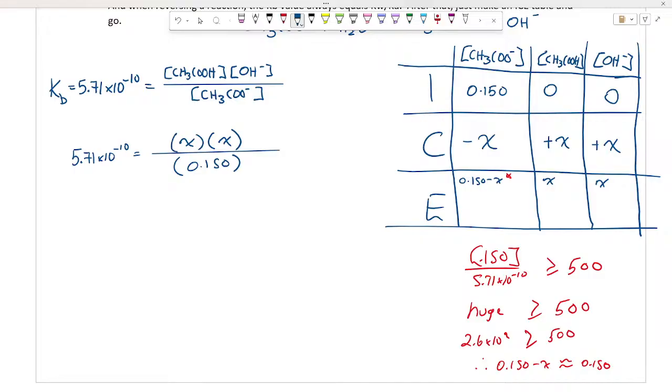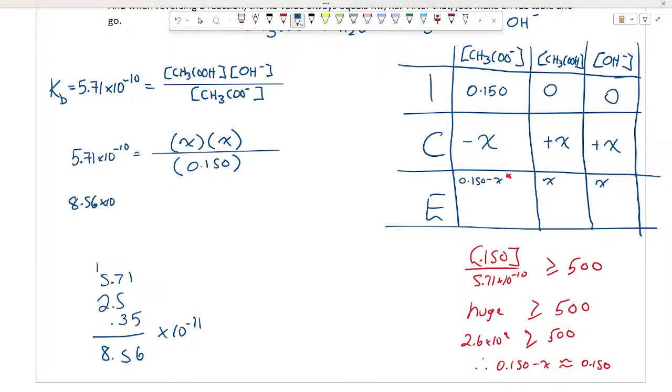We can do that. That'll be 5.71 plus half of that, 0.35 times 10 to the negative 10, so 8.56 times 10 to the negative 11. Yep.